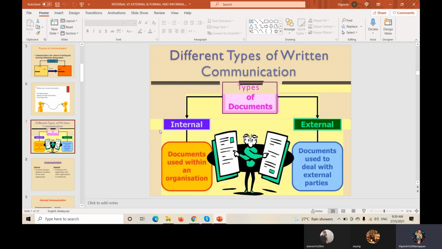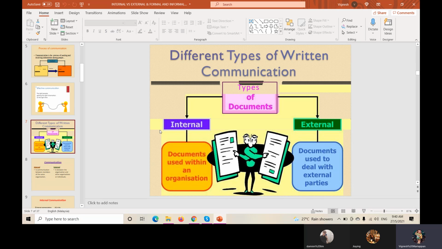Effective communication I also already explained. Now the new topic is that for communication we have different types of written communication. The first thing is internal and external communication. What are the types of documents we will use? Communication, don't just think that it is only in the organization, only in families, only in school.